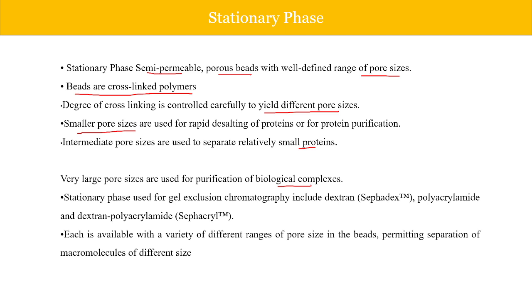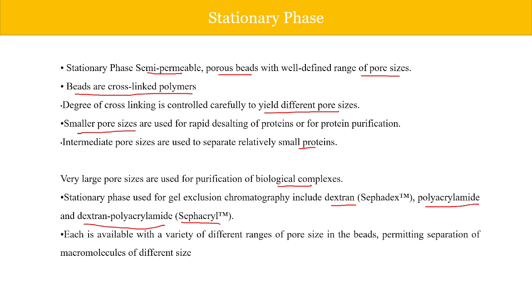So when the pore sizes are very large, we use this for purification of biological complexes. Now the stationary phase used for gel filtration chromatography includes dextran, polyacrylamide, or dextran acrylamide, which is also termed Sephacryl.